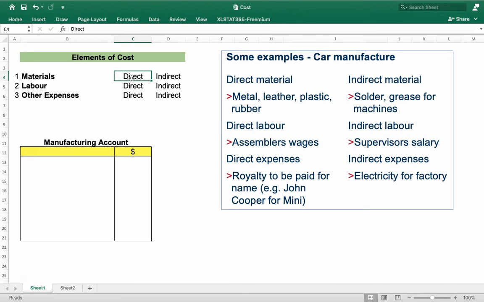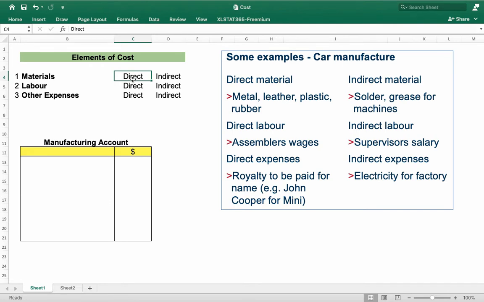Suppose in manufacturing of furniture, you gave an order for one study table to the carpenter. What will be the main material? The main material will be wood, or timber, you can say. So that is direct material. The prime material is known as direct material.